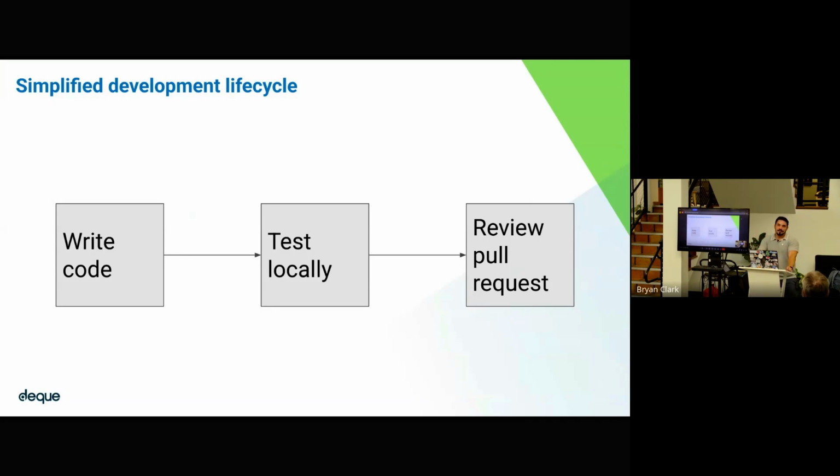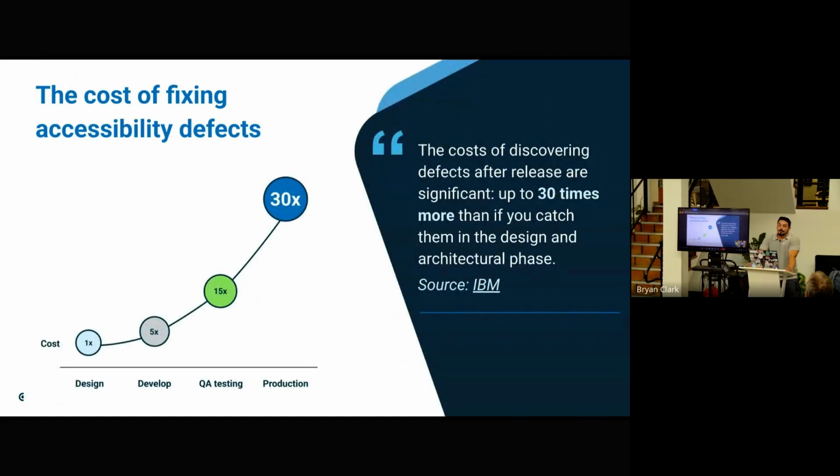But let's take a moment to talk about the cost of accessibility defects. Because accessibility isn't just about user experience, it's also a strategic development decision. We have a chart on the left-hand side of this slide that shows the cost on the y-axis and the stage on the x-axis.